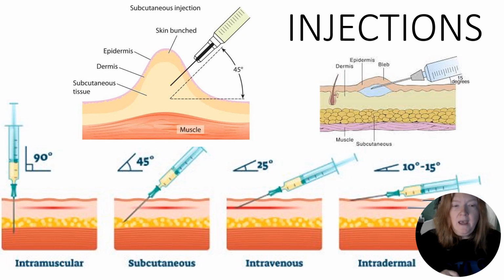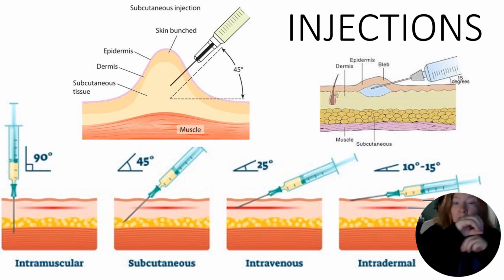Okay, so we have some different types of injections. If you're doing a subcutaneous injection, then you need to get into that hypodermis. If you're doing an intramuscular injection, you go deeper into actually the muscular tissue. Some injections are intradermal, which means it's going to be in between.